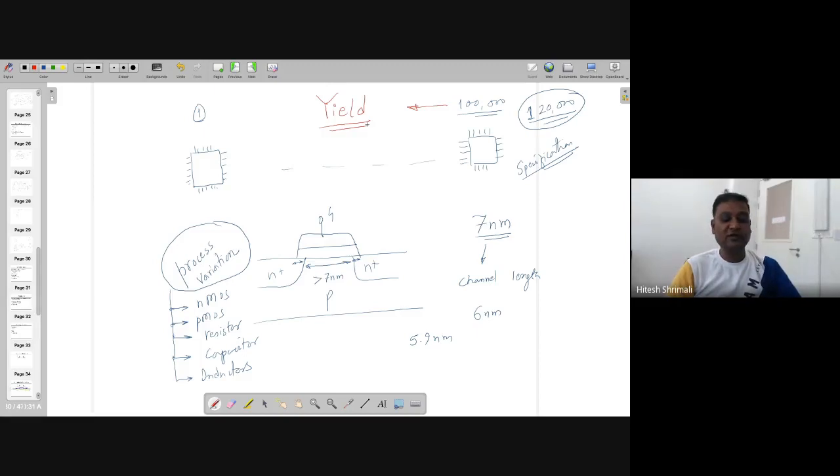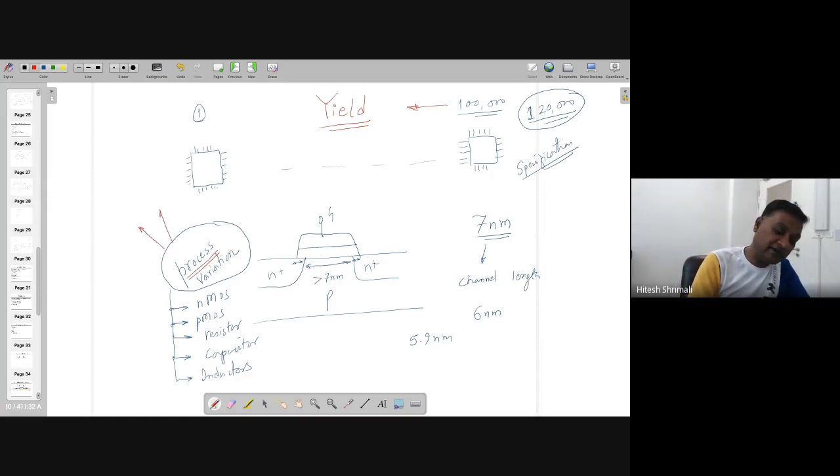So I'm going to say that yield is good or bad. Out of 120,000, if only 20,000 are working, then I'll say the yield of my technology is very bad because the process is not matching. This is the first part. Let's keep this aside. This process might actually have 5 possibilities. One is typical, meaning everything is fine, no problem.